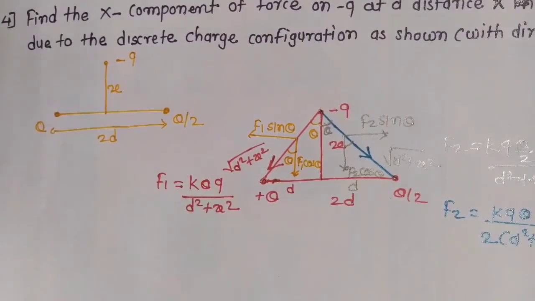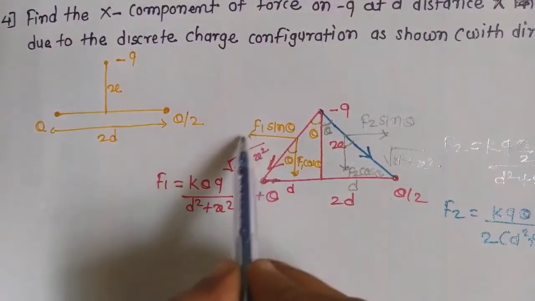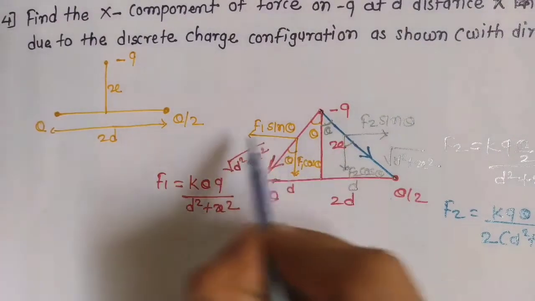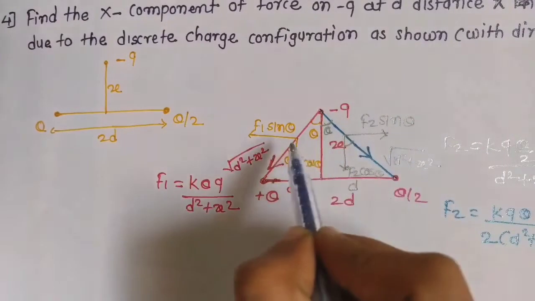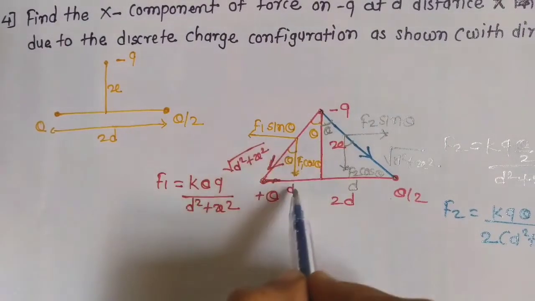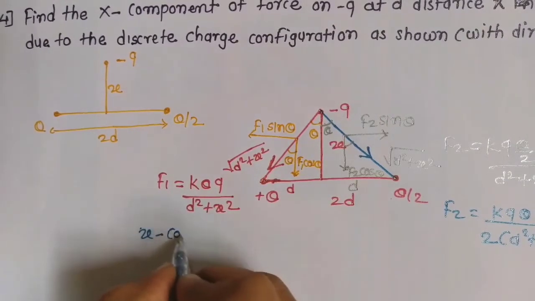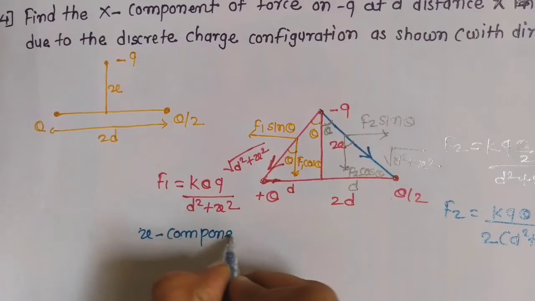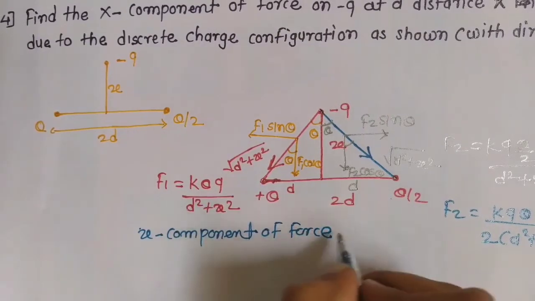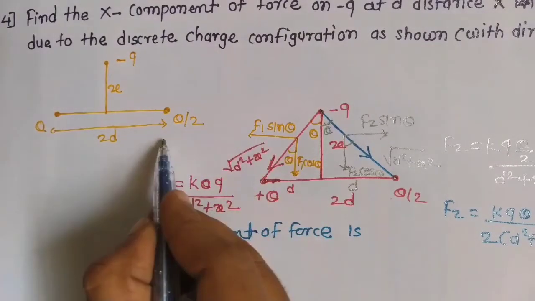And in the question we have to find the x component of force. So here we have to find only the x component. So this sin theta component is on the x axis and this cos theta component on the y axis. So we have to calculate only the x component. So the x component of force is, here F1 sin theta is in the left hand direction.